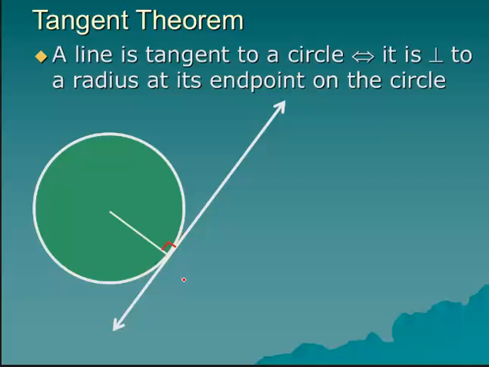That can be helpful in solving for some unknown values there. A radius and a tangent intersect at a right angle. If there is a right angle intersection to your radius, then we know it's a tangent. So you can say it backwards, or the converse, where converse means backwards.